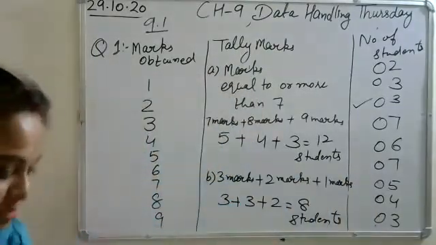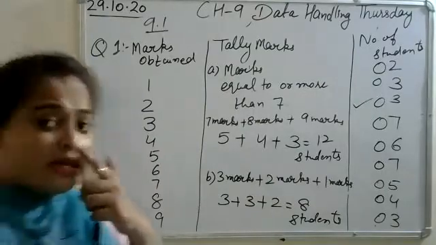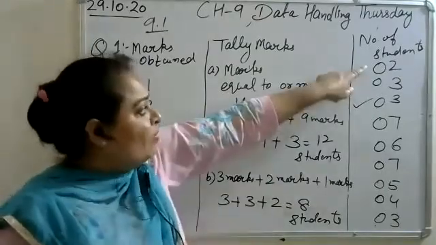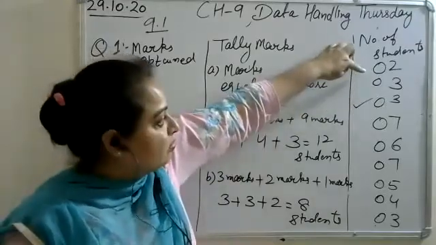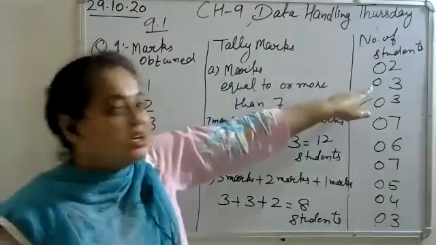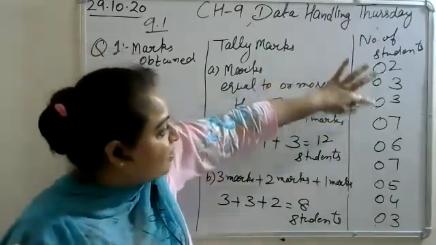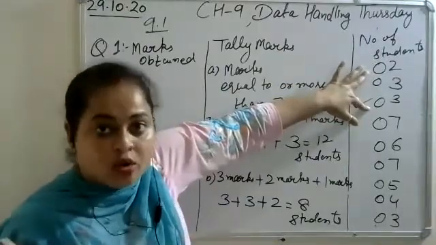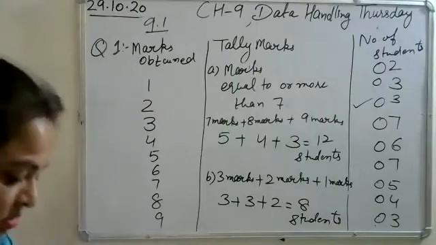Rishita, how 9? 1 marks कितने बच्चों के आए हैं? 2 के. 2 marks कितने students के आए हैं? 3 students के. So 2 plus 3 plus 3, you will get 8, not 9. Okay? Yes.